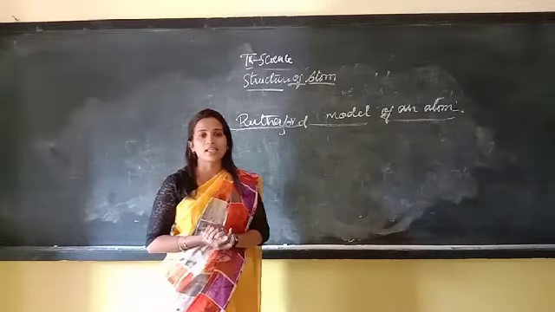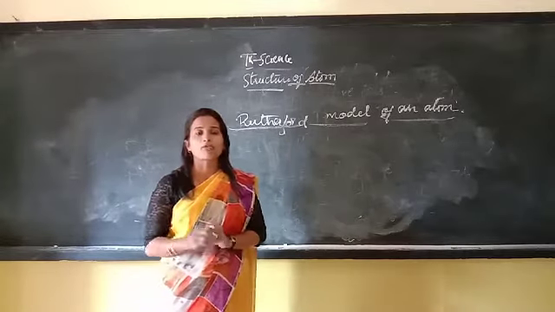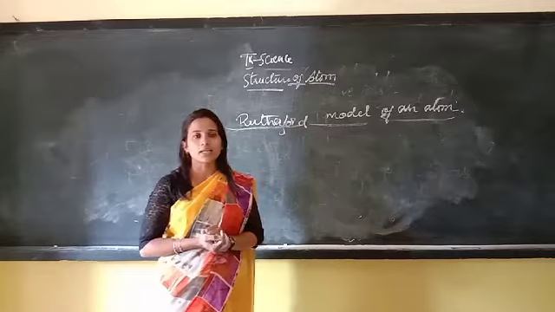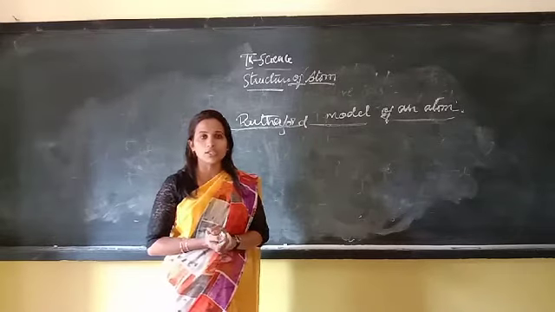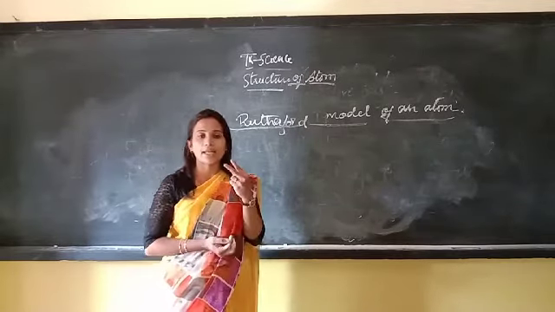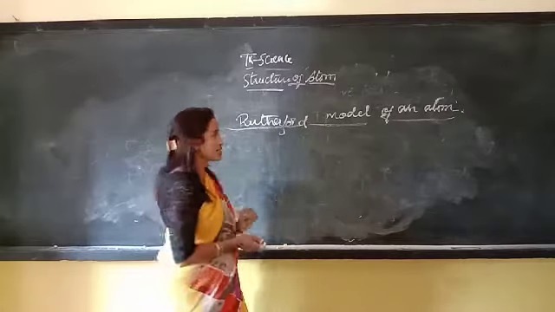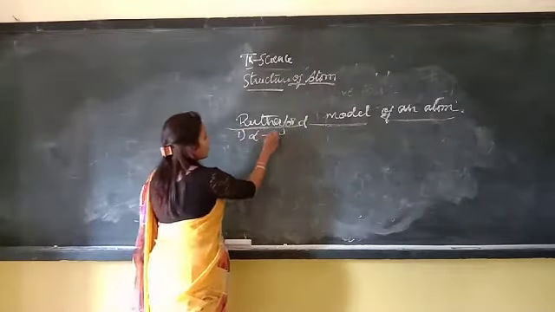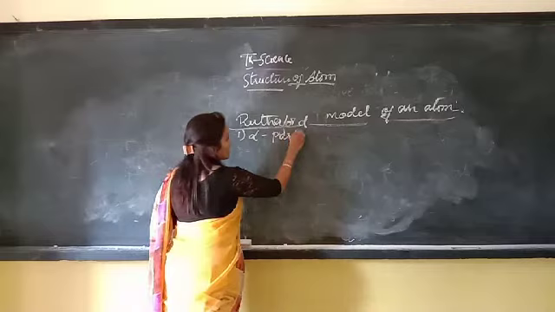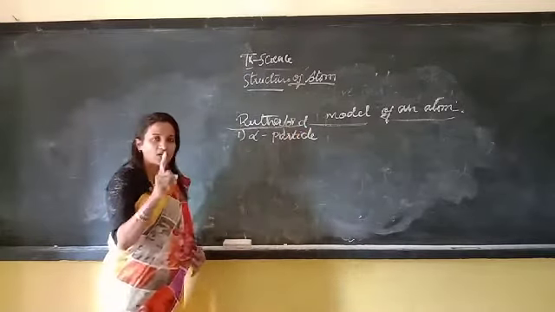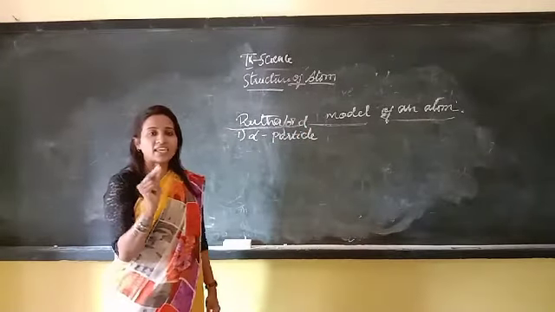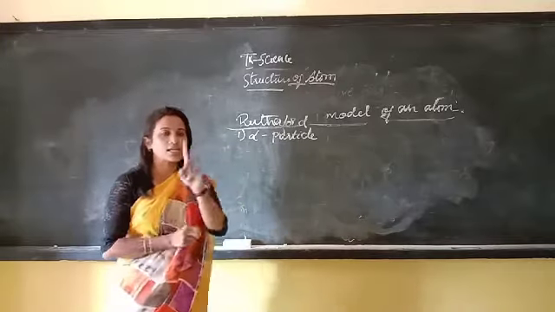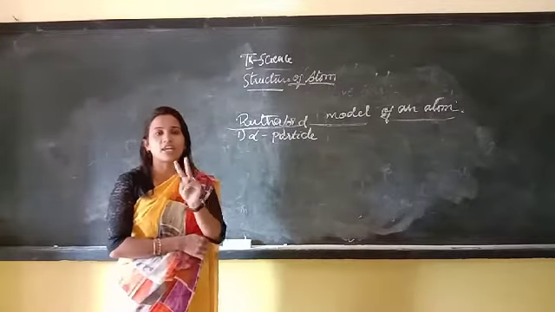Based on his studies, he performed an experiment that we are going to learn, which has two names. The first one is the alpha particle scattering experiment. It is only one experiment, but we can give this single experiment two names.